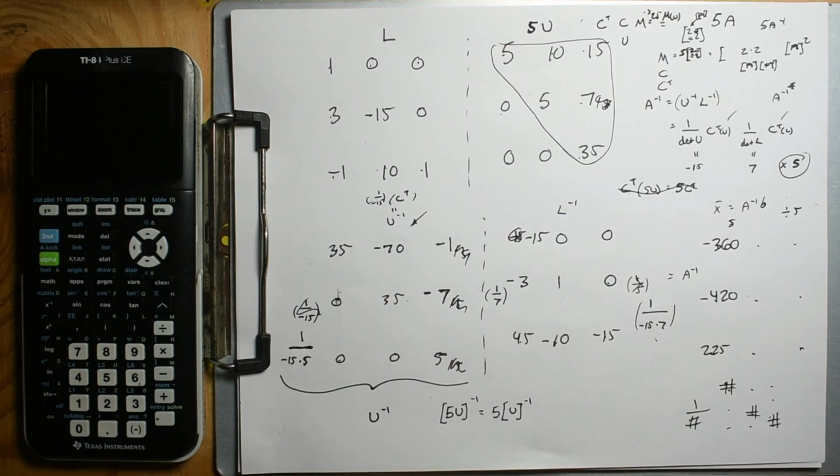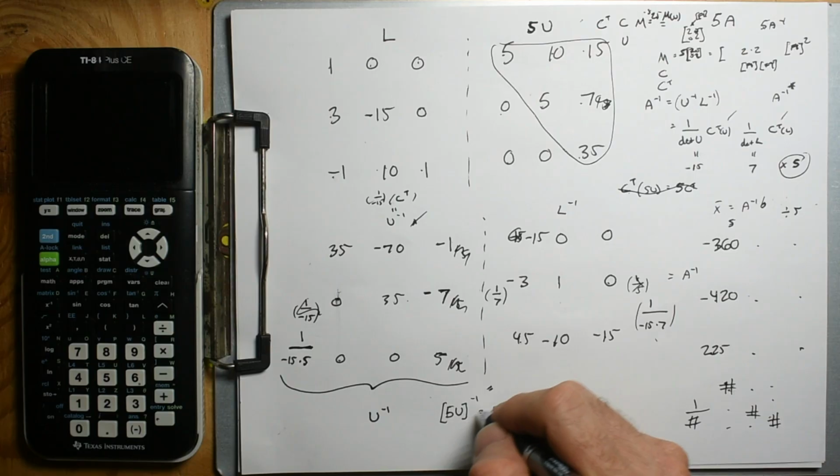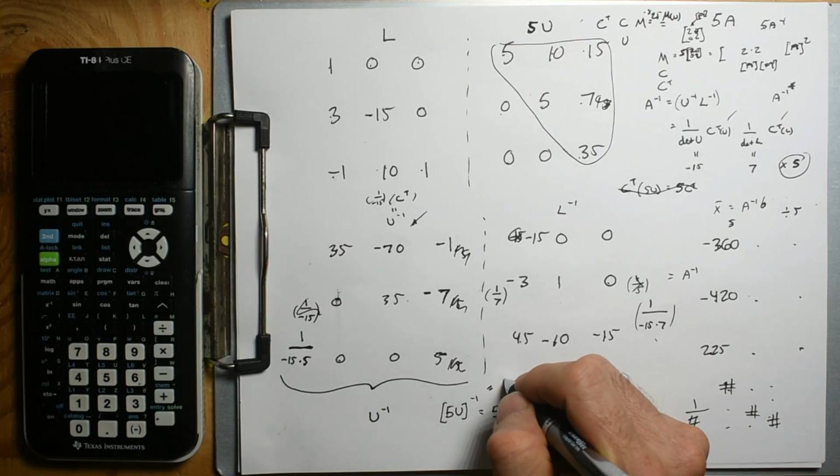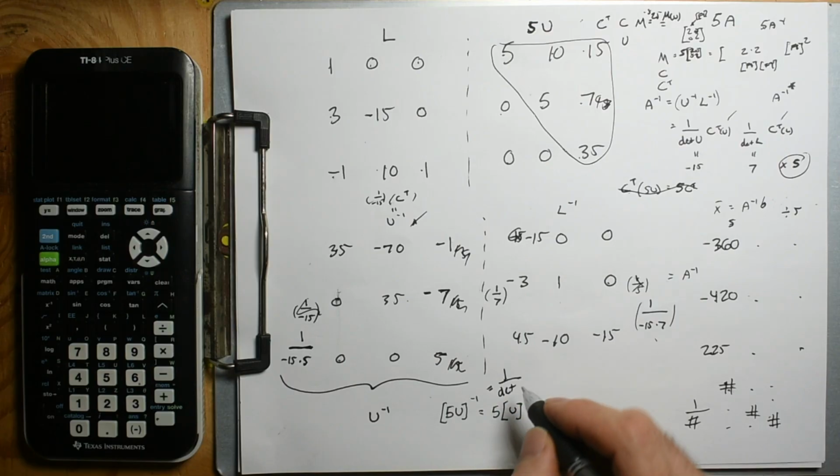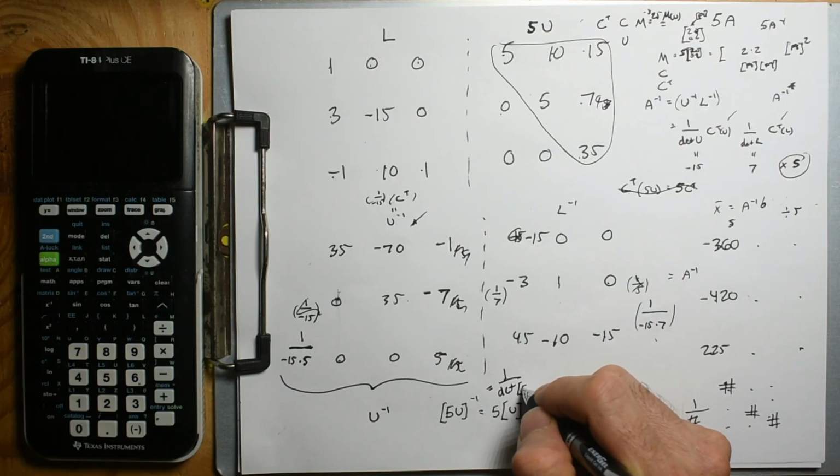And then we didn't do that because we said, hey, the inverse of a matrix is 1 divided by the determinant. Oh, that's where it pops up. We need the determinant of 5U. Cool.